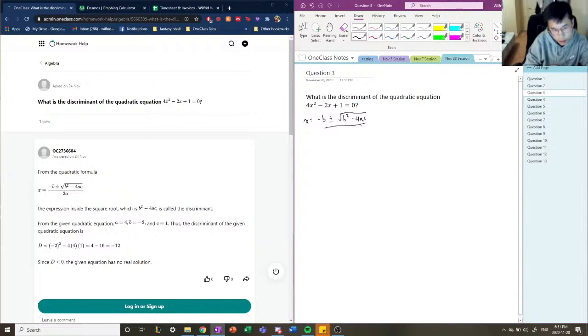divided by 2a. The discriminant is based off this quadratic formula, and it can help us determine how many solutions this equation has. Do we have no solutions, one solution, or two solutions?